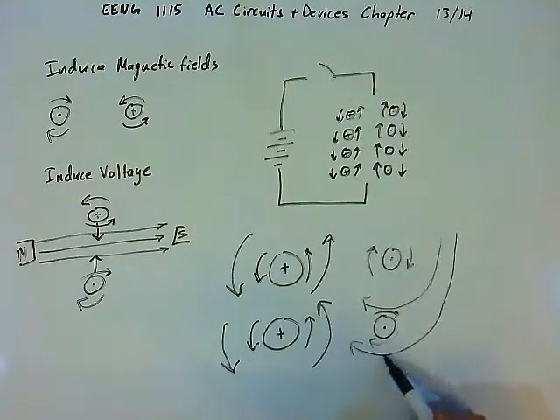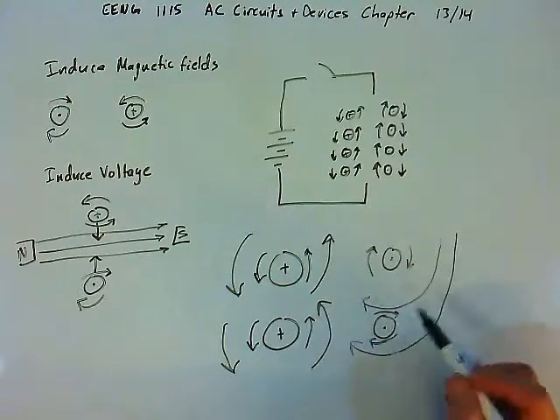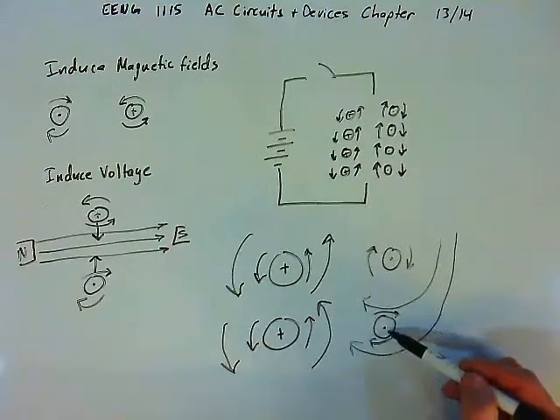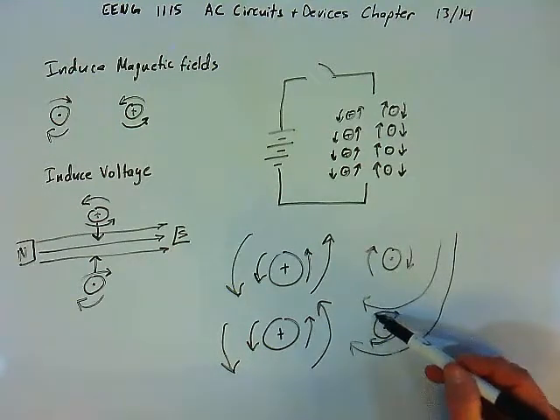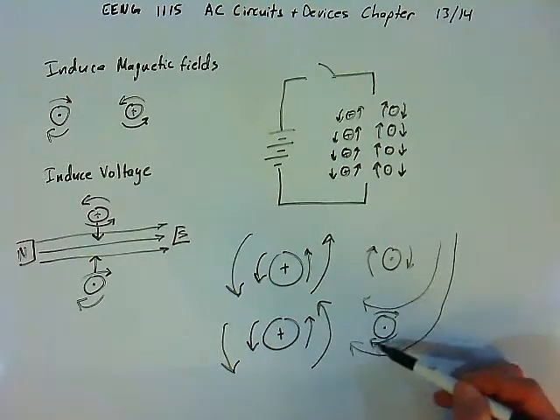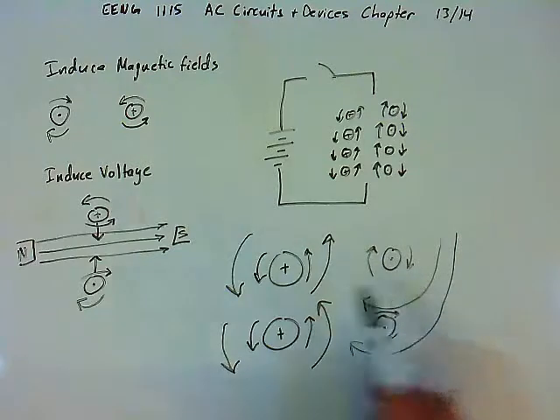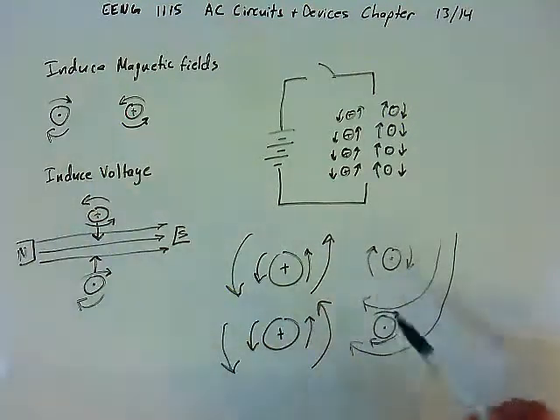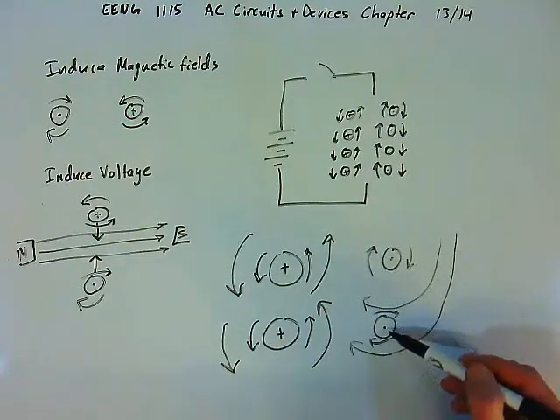Right? This flux line is cutting from bottom to top. Flux line around the conductor will be in the same direction as the flux line that's cutting the wire. And you can see that the induced voltage now, when the magnetic field is collapsing, is in the same direction as when the current flows through.